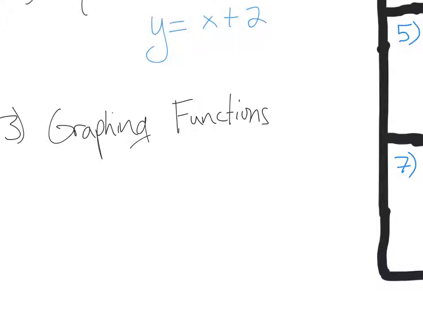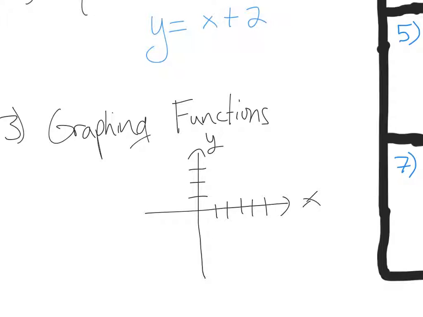So if I were to graph that equation, y equals x plus 2, on the Cartesian coordinate plane, here's my x-axis and my y-axis. Make my little hash marks. And if you were to see me graph that equation, y equals x plus 2, it would look something like this.